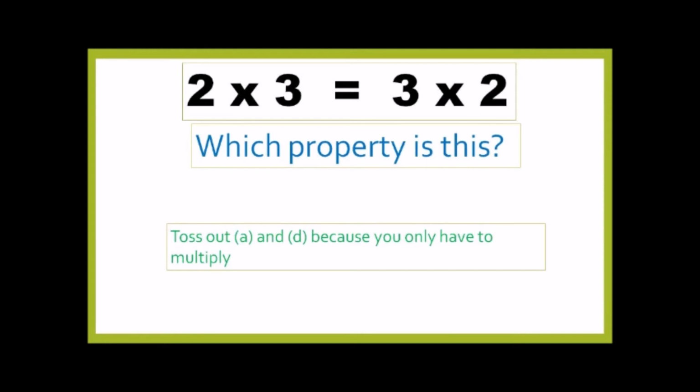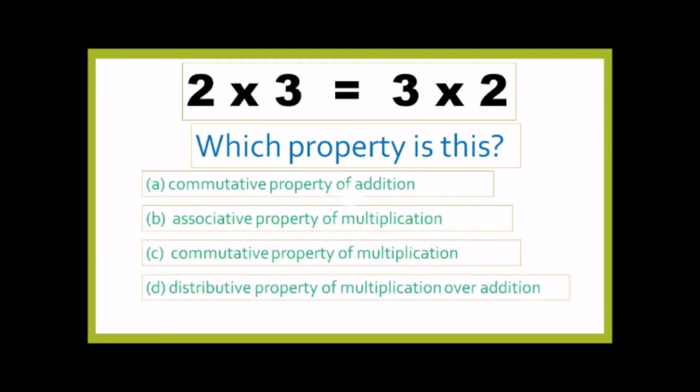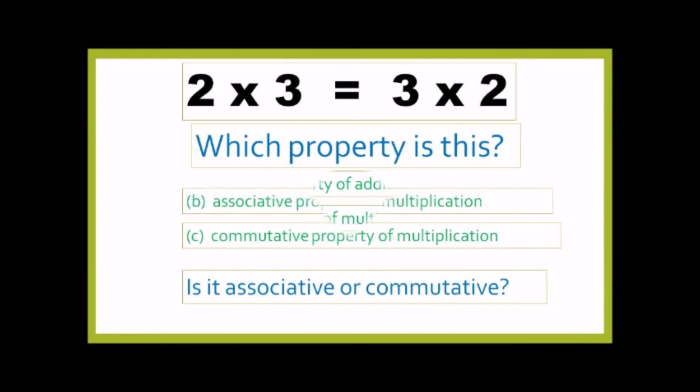You're not doing anything else. A is commutative property of addition. You're not doing that. That goes. And D is distributive property of multiplication over addition. You are not adding anywhere in there, so it can't be multiplication over addition. So let's get rid of A and D. And that will leave you with B and C.